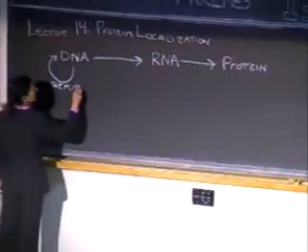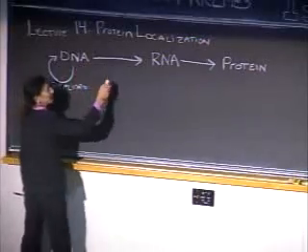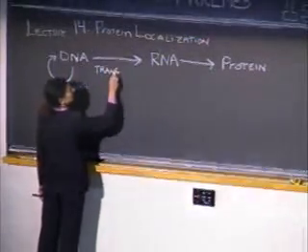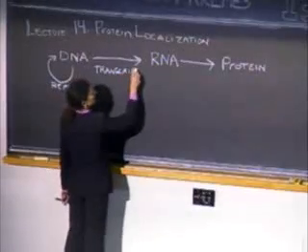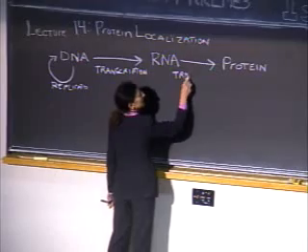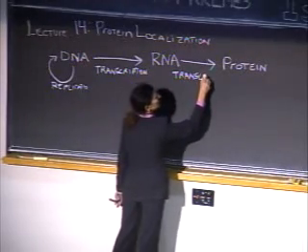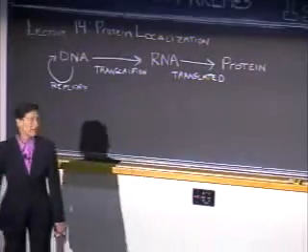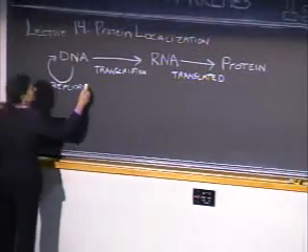DNA is transcribed to RNA, transcription. And RNA is translated to protein. Central dogma. Where does this occur?